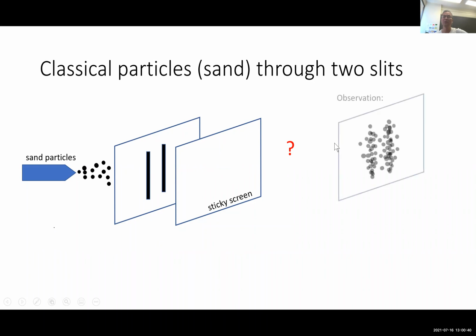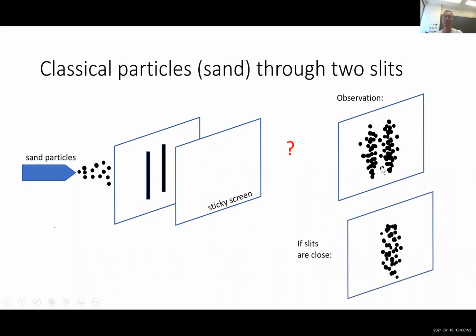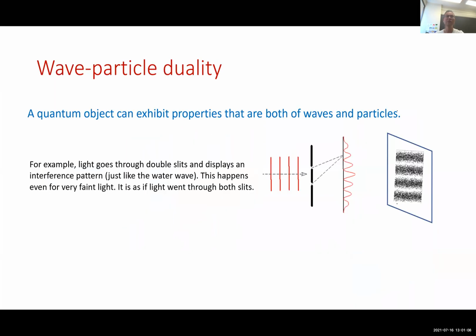You will see two blobs, each corresponding to the sand going through each slit, right? And if the slits are close enough, the two blobs merge into one really big blob. So this demonstrates that classical particles do not show interference, do not exhibit any wave feature.